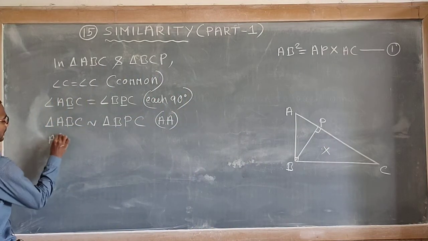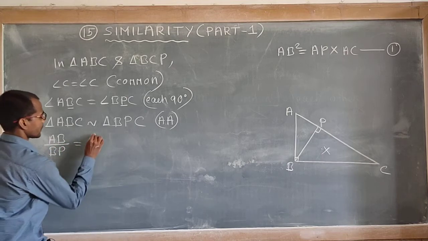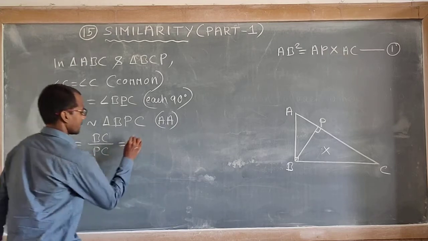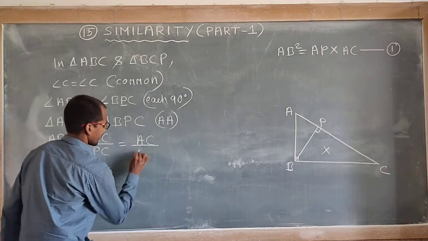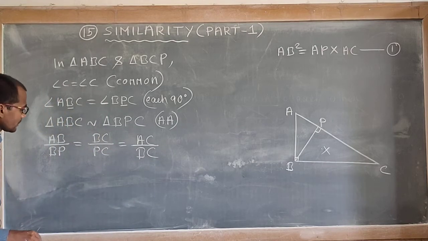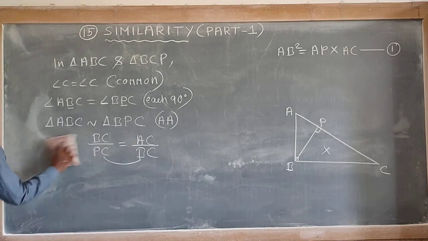So now taking the corresponding sides, AB by BP is equal to BC by PC is equal to AC by BC. Now equate these two. Forget this one.